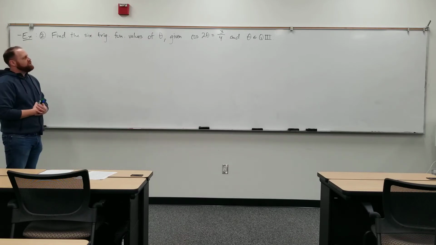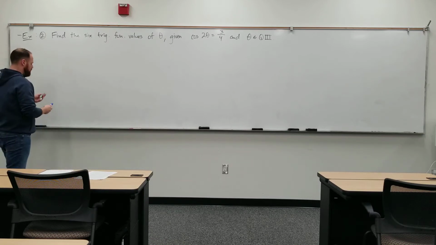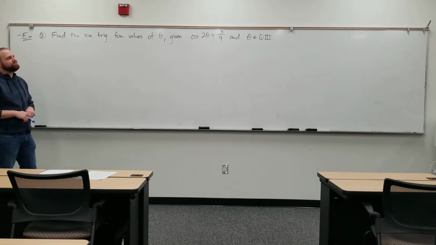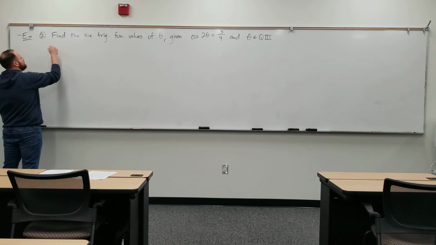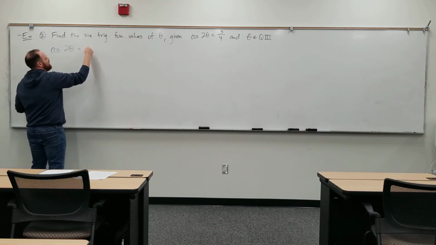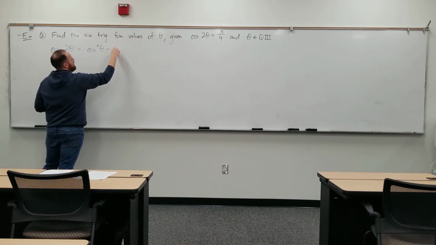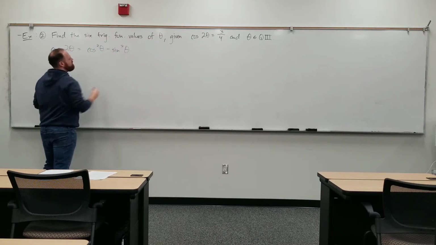So again, we can use identities to do this. We know, for example, cosine 2 theta is cosine squared theta minus sine squared theta.